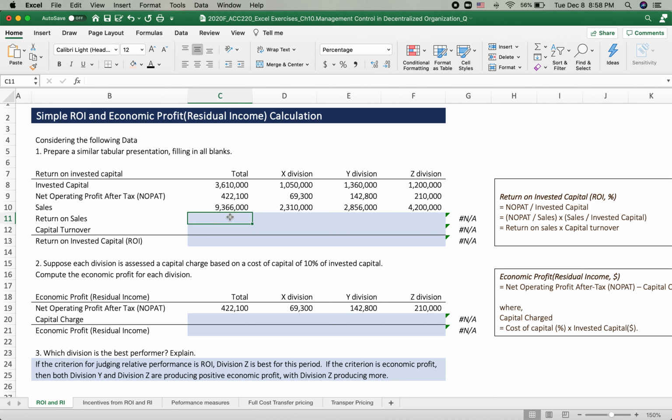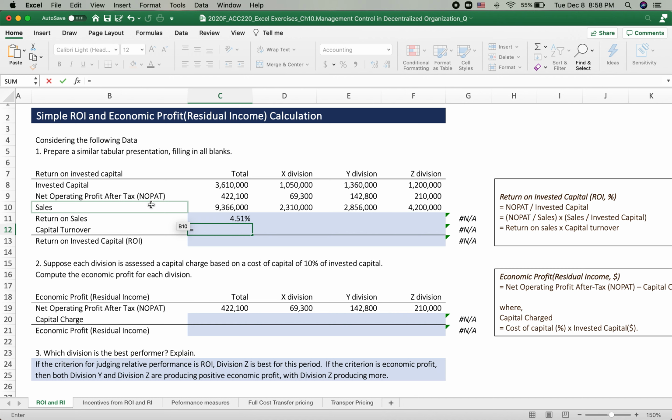Okay, first of all, the company total. How to get the return on sales? Again, the net operating profit after tax divided by sales. So we got 4.51 as return on sales, and the capital turnover is calculated how?